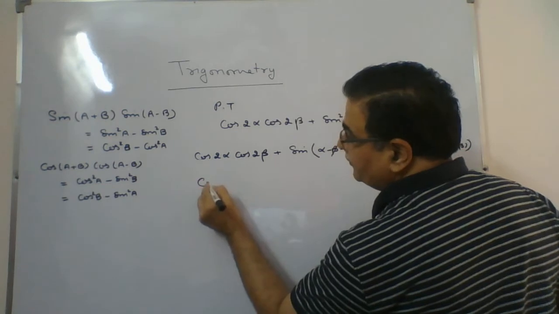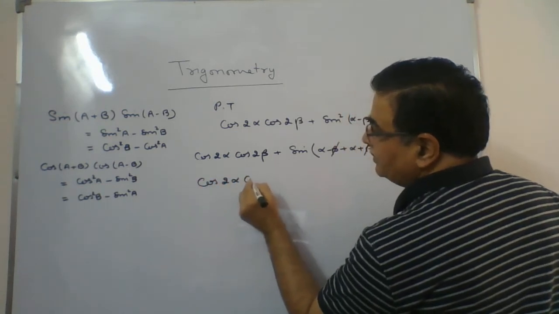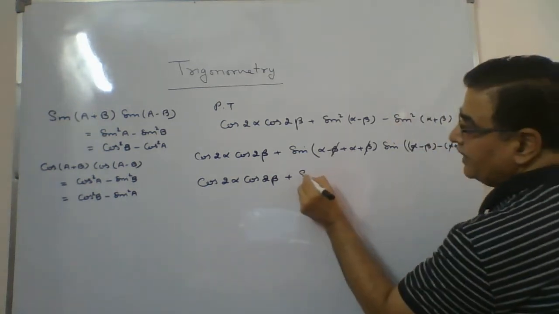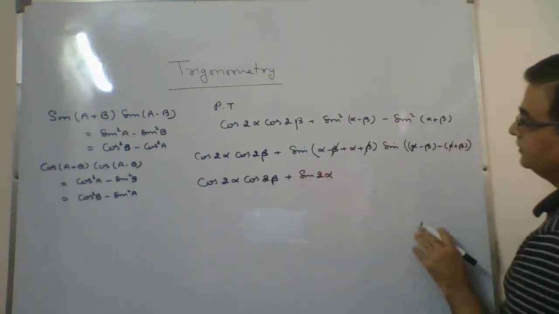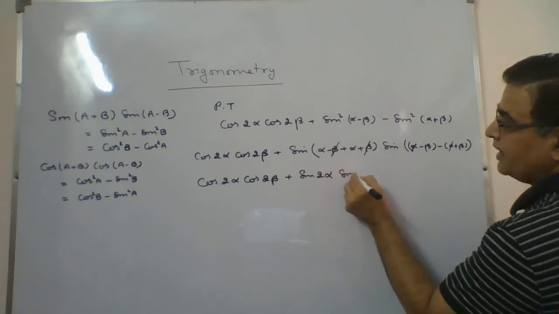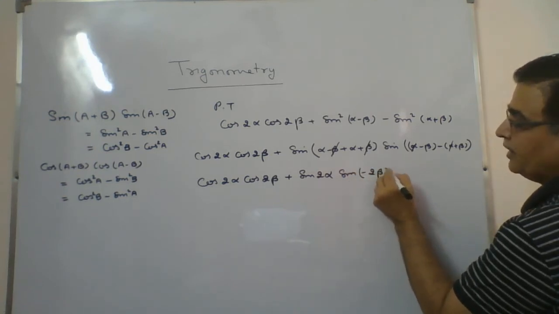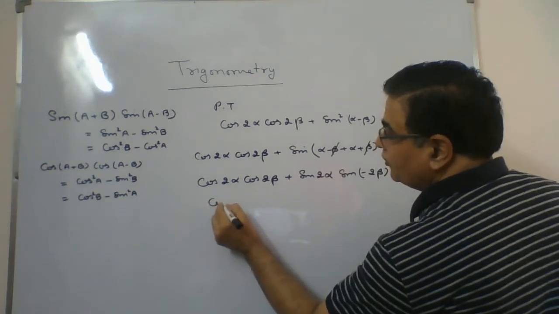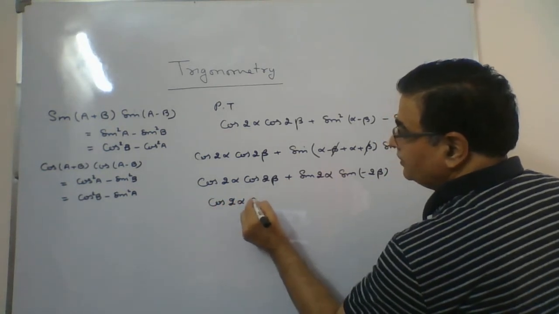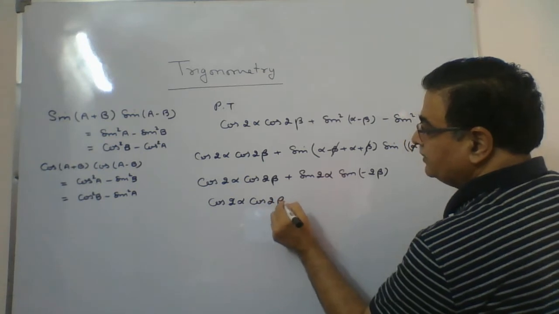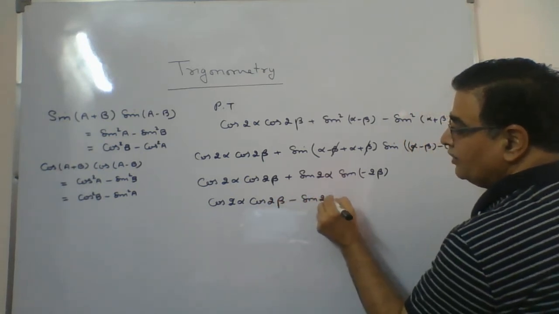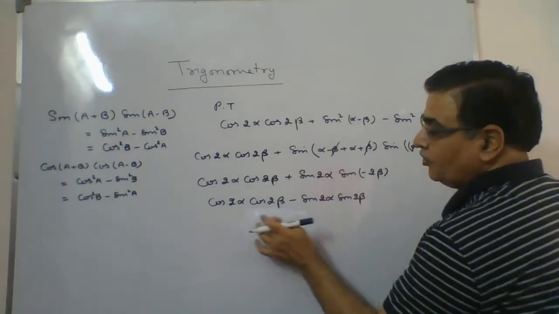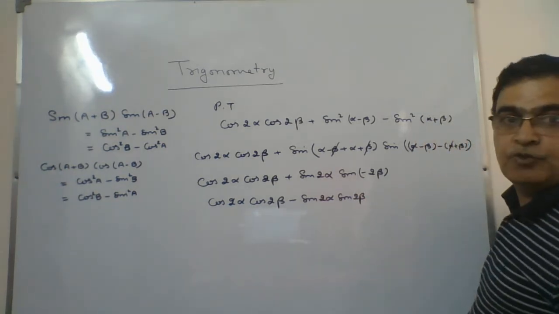Now when you solve it, it will come cos 2α cos 2β + sin 2α, and this comes out to be sin(−2β). Sin(−θ) is −sin θ, so I get cos 2α cos 2β − sin 2α sin 2β. cos A cos B − sin A sin B is the formula.